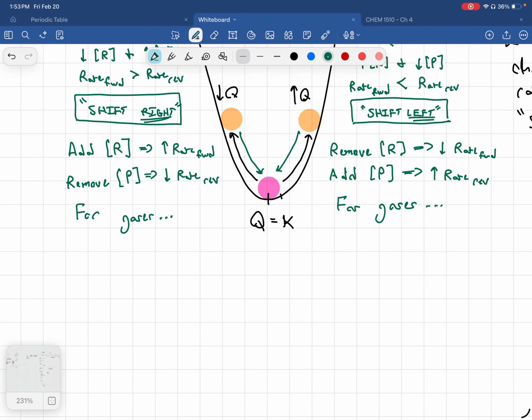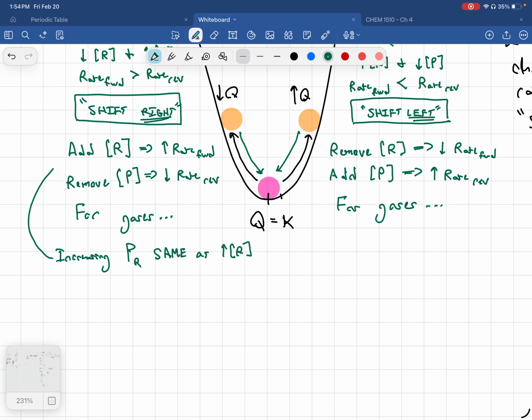Okay, so for gases, increasing the pressure of a reactant is the same as increasing the reactant concentration, right?